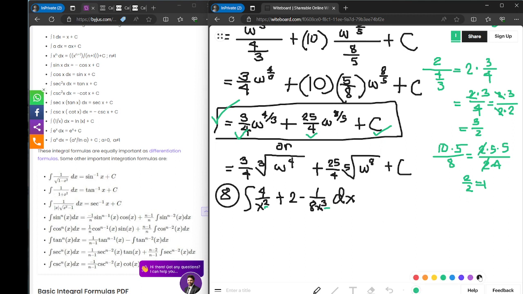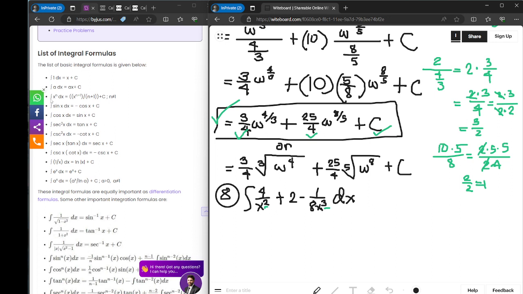Okay, so I know now we can use the third formula, and that is the integral of x to the n dx is equal to x to the n plus 1 over n plus 1 plus c. So that should be plus c. Take note that n should not be equal to negative 1.